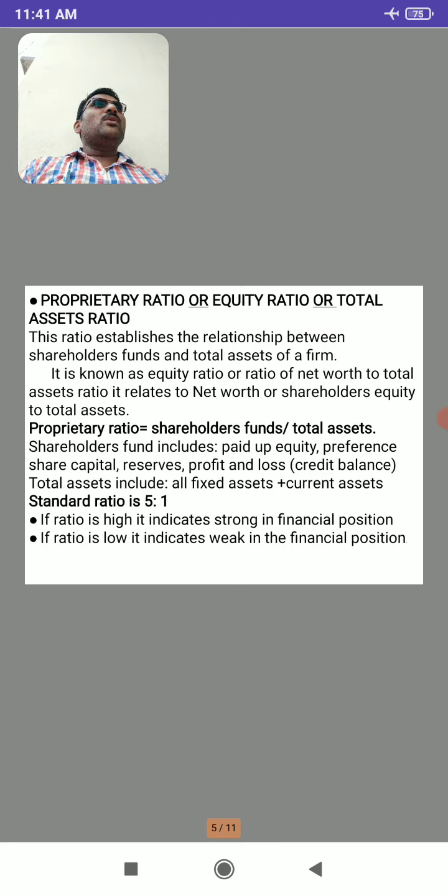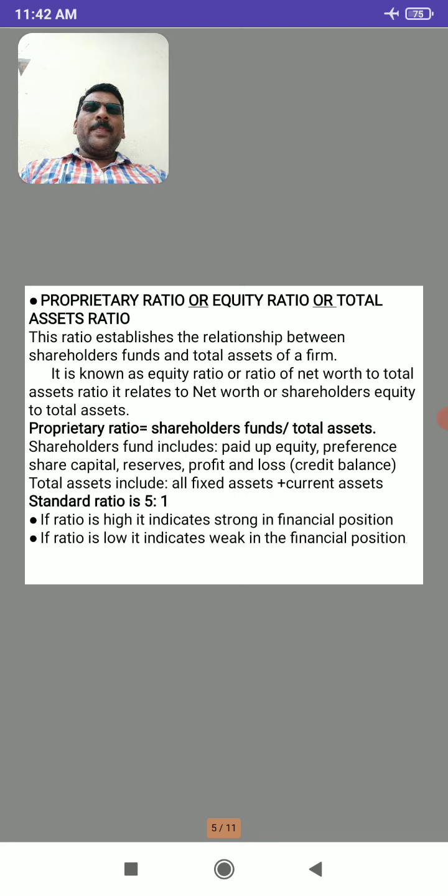So to maintain a sound financial position, the company has to maintain a ratio of more than 5:1. If the company maintains 5:1 or more, it indicates the sound financial position of the company. So in this first ratio, the proprietary ratio, we have seen what the shareholders funds are.